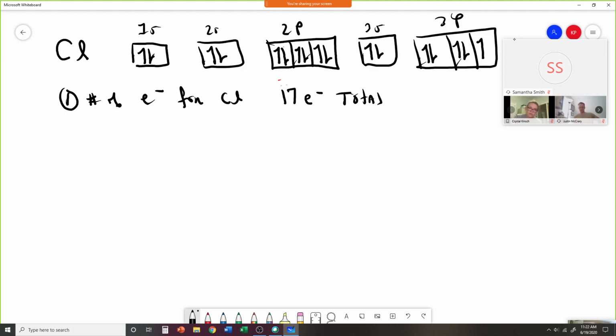Now, most of the time, I want you to focus on something here. You see this 3, and you see a 3 there, right? The highest energy, outermost, these are the outer electrons.